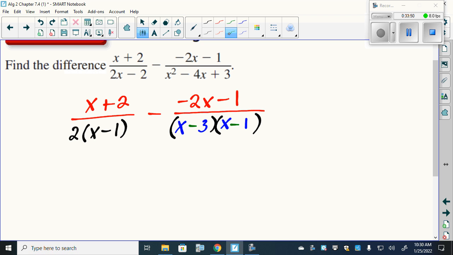Now we do need to get these to be the exact same. So we're going to multiply top and bottom, so we get the denominators to be the same. For the first one, we need x minus 3 to get them to be the same, so I will multiply top and bottom by x minus 3.